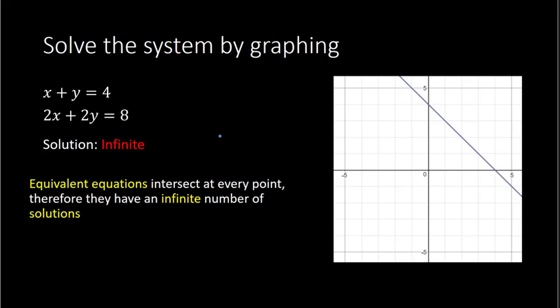Now, for finding the answer to any system of equations, graphing is just one method. And with graphing, there are advantages and disadvantages. An advantage is that you can see very quickly what the answer is, and you can picture what is happening a little easier. But a disadvantage is that where they intersect might not always be on a whole number.